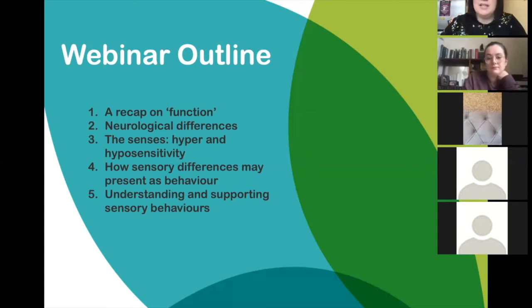We're going to be looking at how those sensory differences might present as behaviour, and give some examples of some of the behaviours that you might see in people who are experiencing those slightly different sensory perceptions. And then we're going to conclude by having a bit of a think around our understanding of those behaviours and how we might go about supporting people who are experiencing the world differently from a sensory perspective.